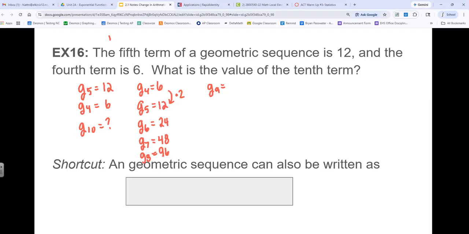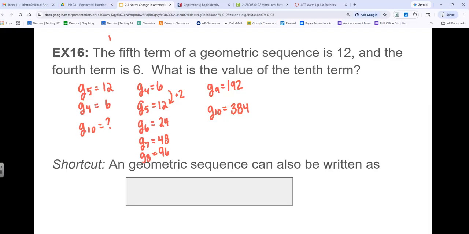Let's see, 90 times 2 is 180 plus, is it 192, I think? Yep. And then G sub 10, we've got to double that. Oh, good gracious. 384. Sounds right for that.